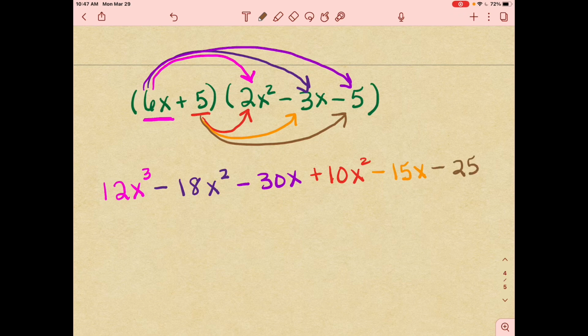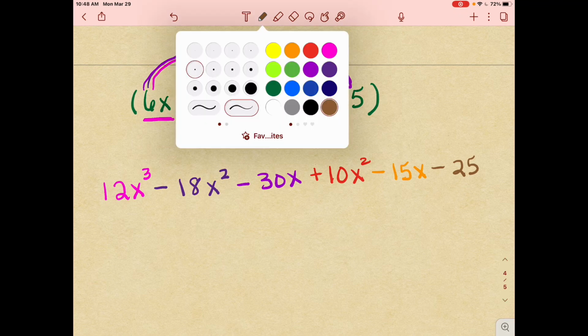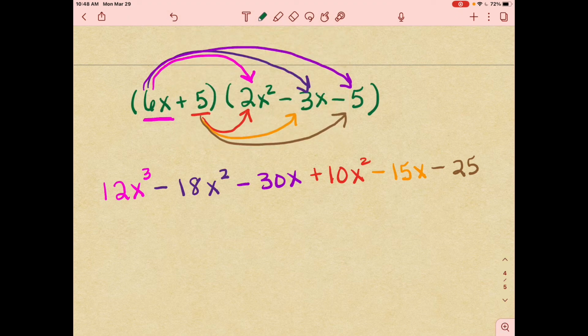All right, the next thing you have to do with this big long thing is combine like terms. So we need to find the things that go together. So first I look at the 12x to the third because that's the highest degree. This will help me get it into standard form. 12x to the third has no friends, but negative 18x squared does have a friend right there. So I have negative 18 and positive 10.